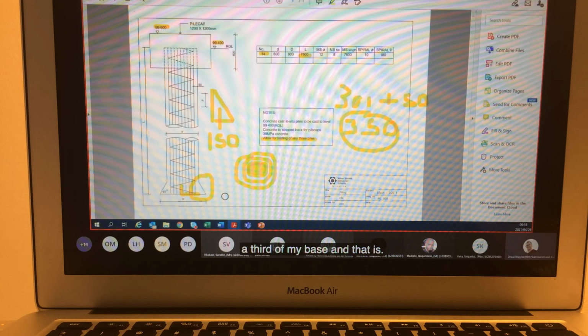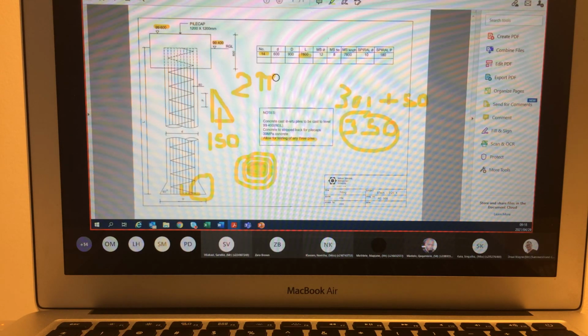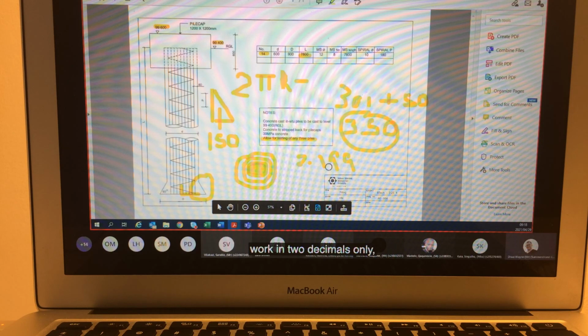That's a third off my base, and that is a third off that, and that gives me the 350. And my formula would then be 2 pi times the radius, and that radius is therefore the 350 millimeter that I have determined, and that then gives me 2.199, and because I work in 2 decimals only, 2.2. That means it is 2.2.